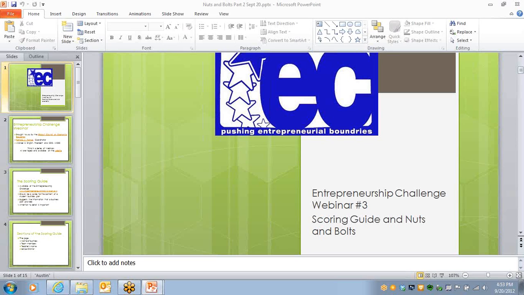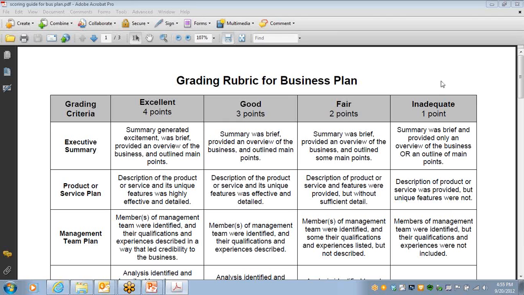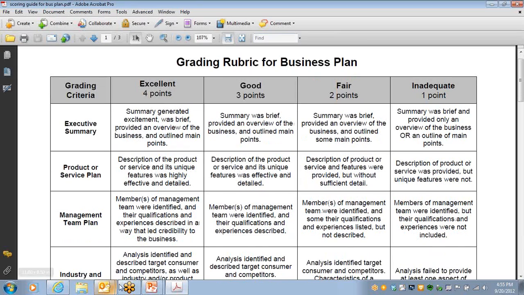Okay. We will post it up there. It's all very down-to-earth information. For example, we noticed that some of the business plans last year did not flow very well, and we understood that they had to divide up their work.